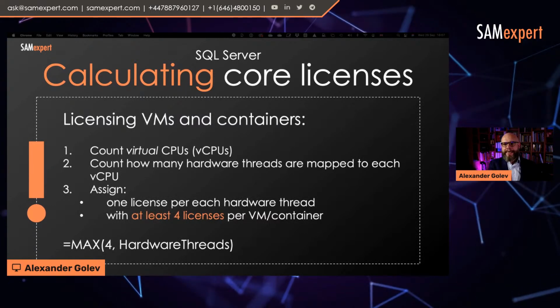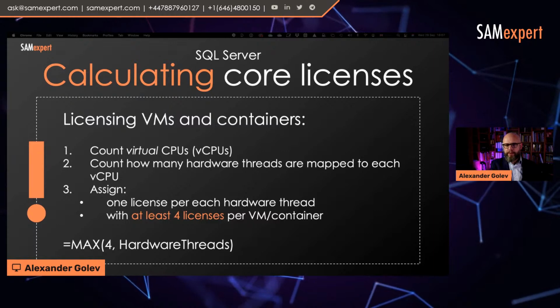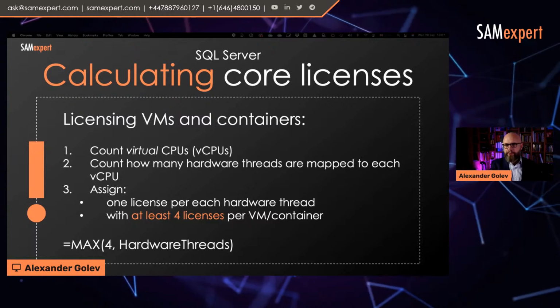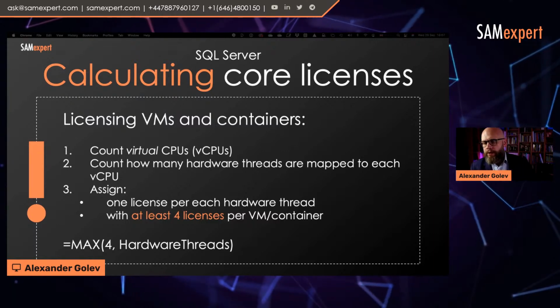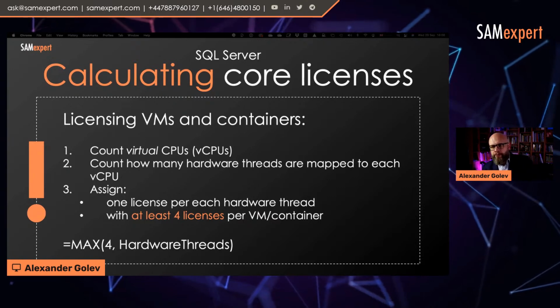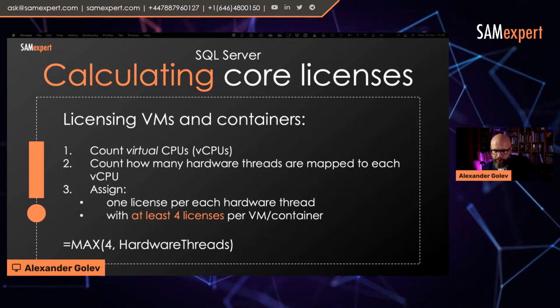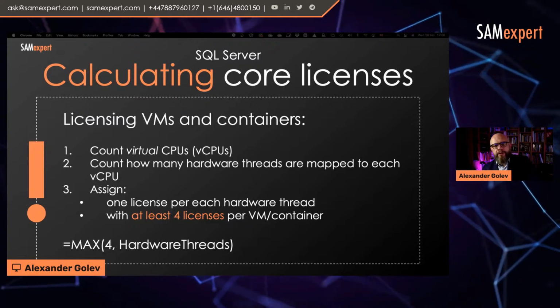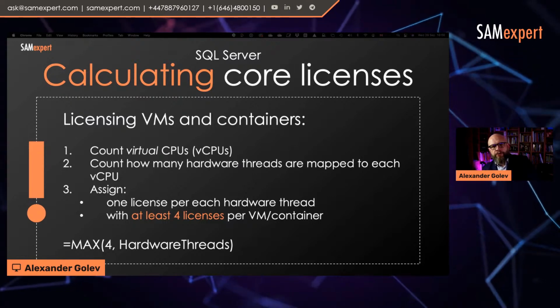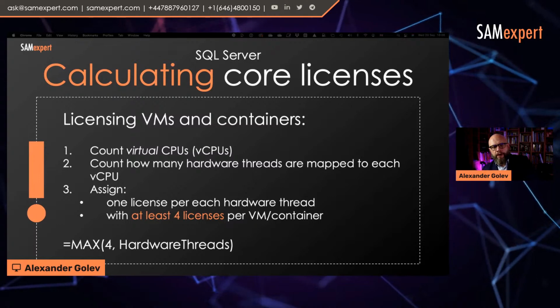License virtual machines and containers. So what you need to do, this is a bit perverted, please bear with me. You need to count virtual CPUs, but you also need to count how many hardware threads are mapped to each virtual CPU.